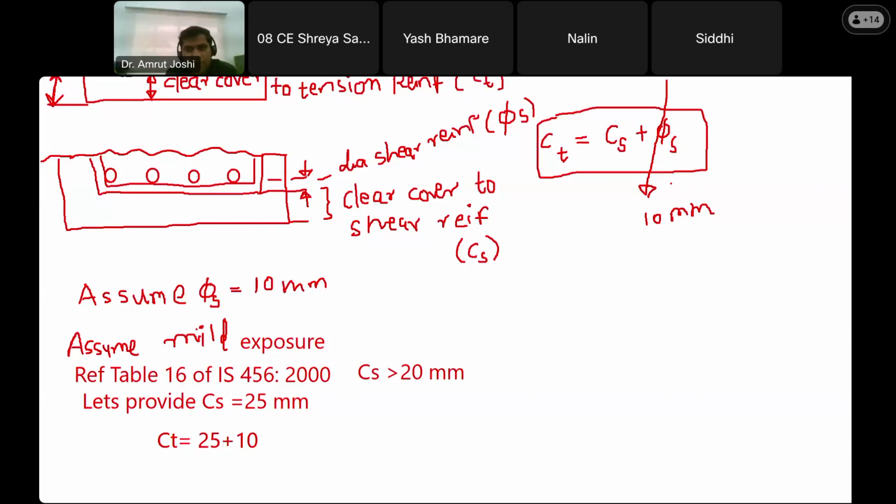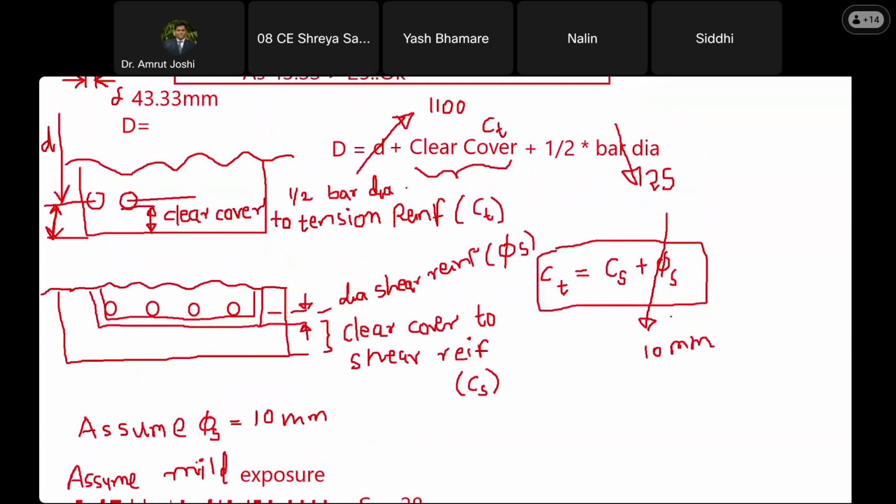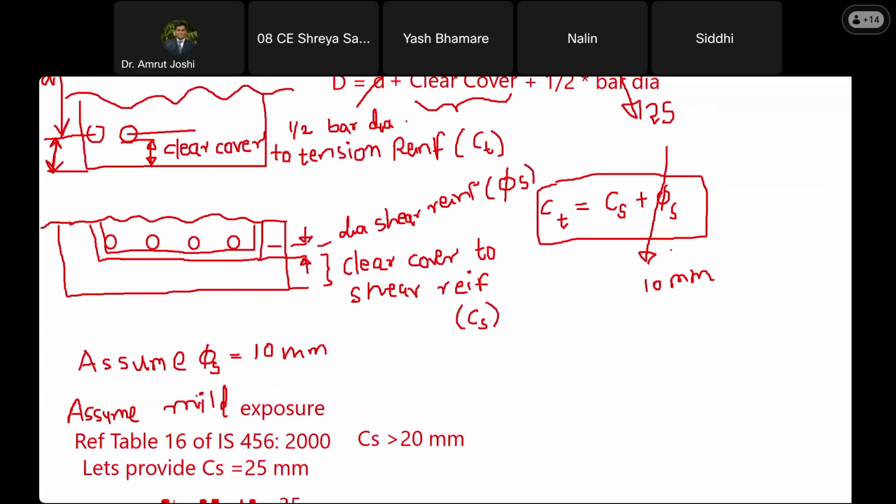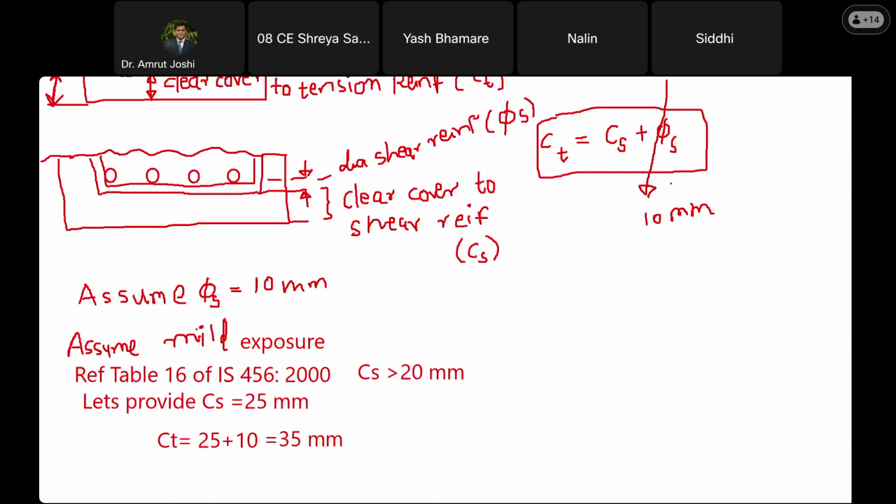Is that right? 35 mm. So we have got now the value of CT, 35 mm. Now can I plug in this value of CT in the equation for D and can I calculate D? Yes, sir.